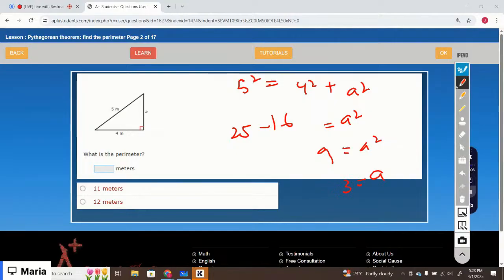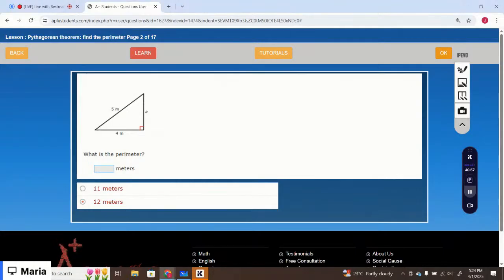So a equals 3. So 5 and 4, 9 and 12 meters. Option number 2 is the correct option.